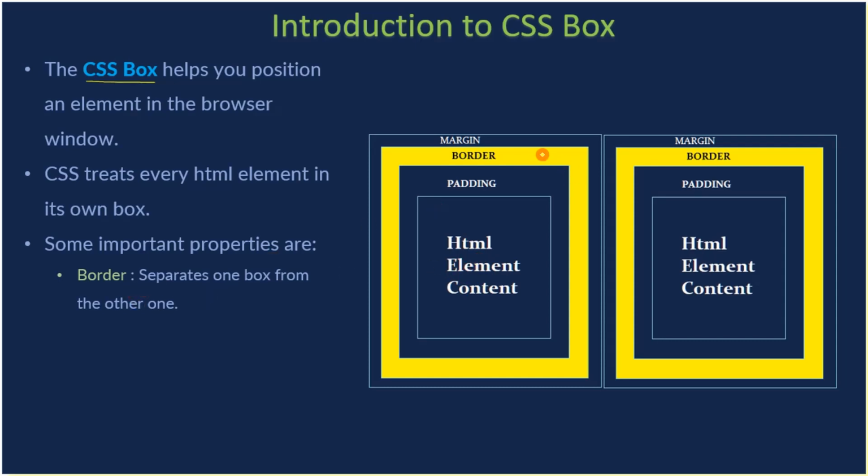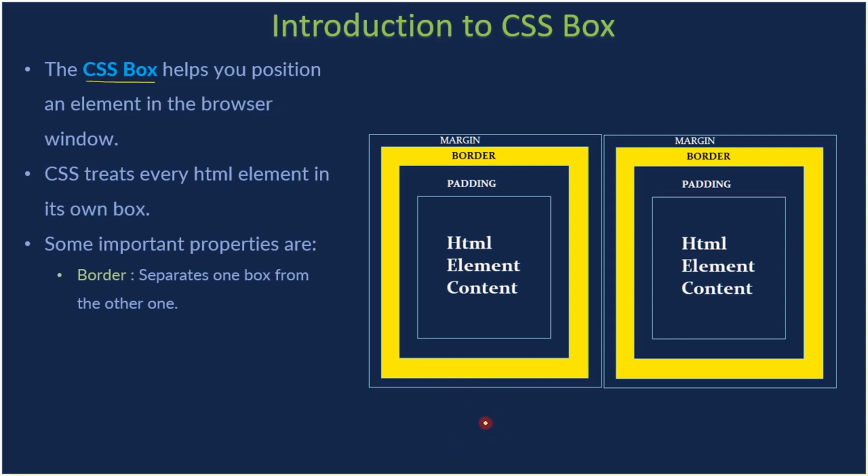And the border, we show that with a yellow highlight. Let's assume that there are two HTML elements placed side by side. You can think of a table row and table data, where table data is placed side by side. Similarly, you can imagine this picture as one box on top of another one.